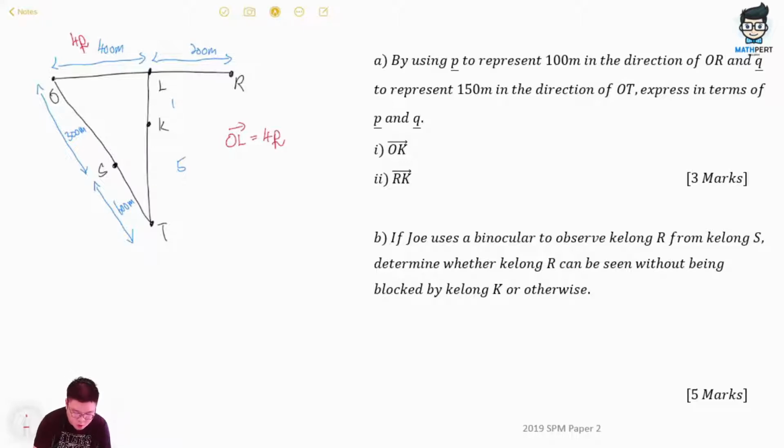OR, from O to R, is 600 meters, so OR will be 6P.